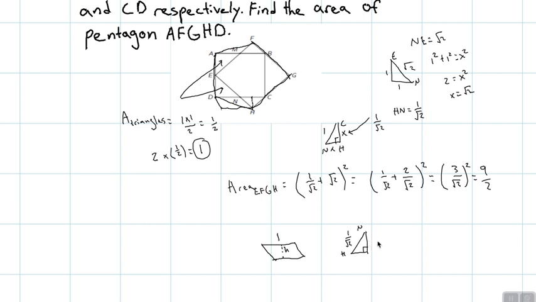So this side length then is 1/2. 1/2 times root 2 is root 2 over 2, which is 1 over root 2.